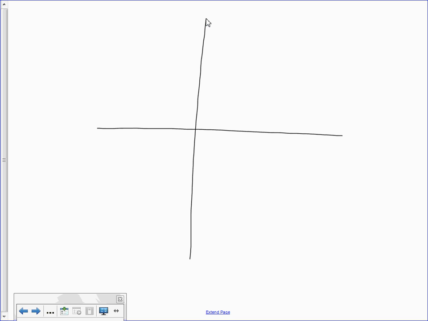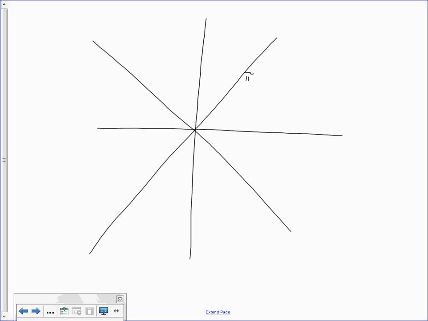Or you can always do it this way. I just cut it into fourths, right? 45, 90, 135, 180, so on and so forth. Remember, this was pi over 4. 1/2, so it's pi over 2.